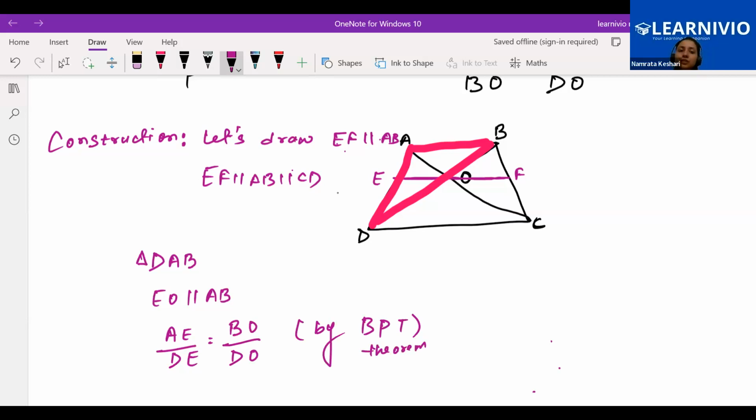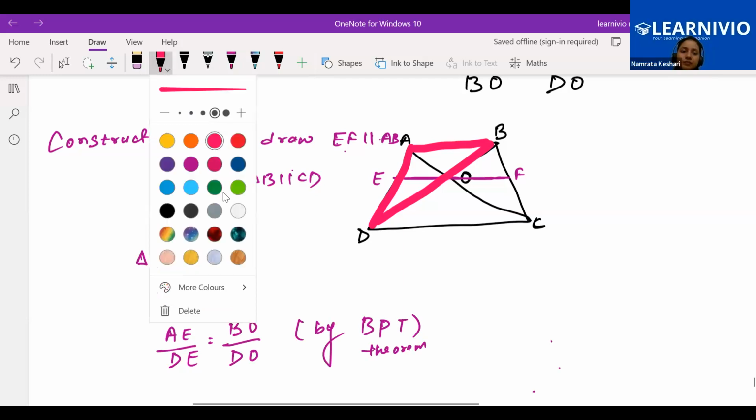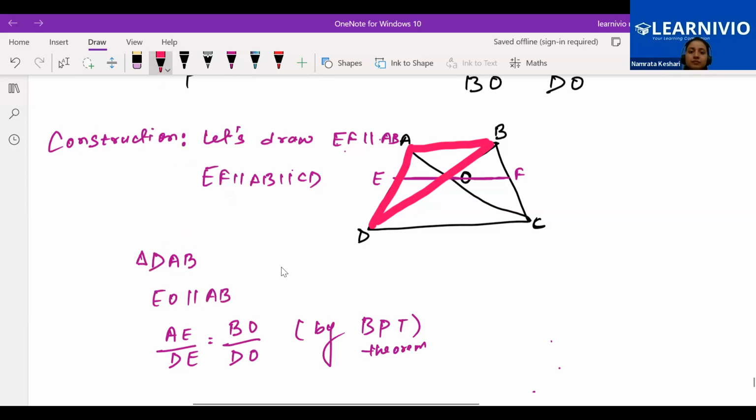Now we will focus on the other triangle. We will name it the green color triangle.